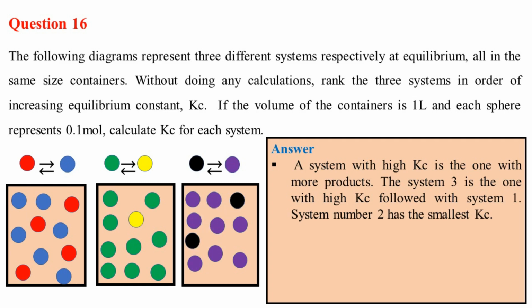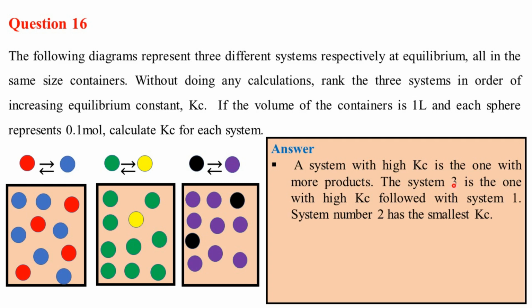That is the product, and only 2 are reactant. So system number 3 is the one which has the highest value of Kc because it has more product, followed by system number 1. System number 1 has 1, 2, 3, 4, 5, 6 moles of the product as compared to 4 moles of reactant.